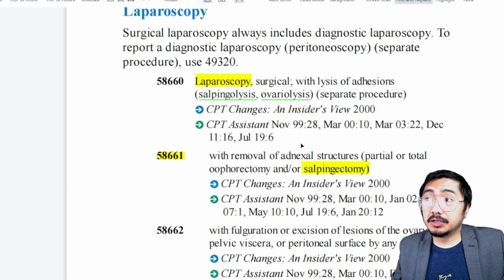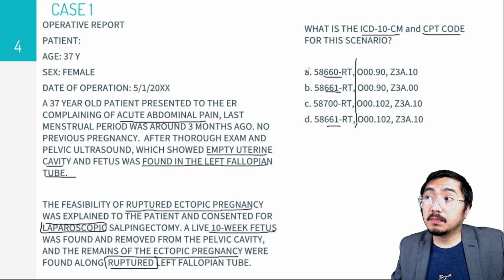So which one is better to use, salpingolysis or your salpingectomy? Since it's mentioned in the scenario, it's salpingectomy, you will choose 58661. So we can safely eliminate A. Let's say goodbye to letter A now. So we're now left with three choices here, which will make your question a little bit easier.